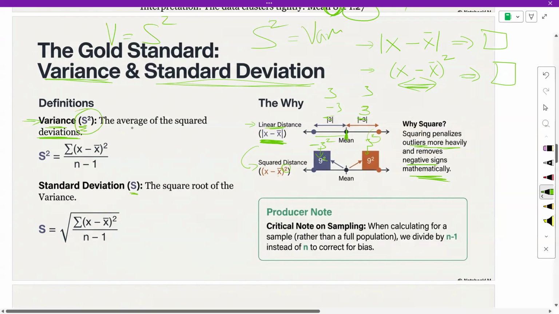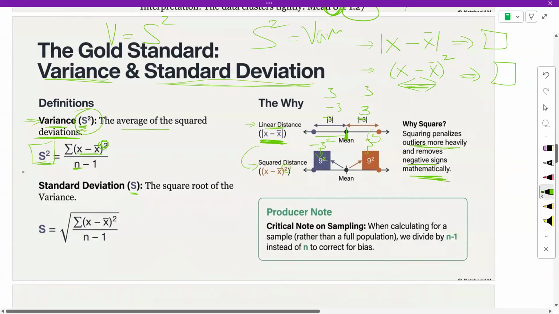Variance means the average of squared deviations. Here this is the deviation, and we make it square and divide by n minus 1. Then we get s squared, the variance.